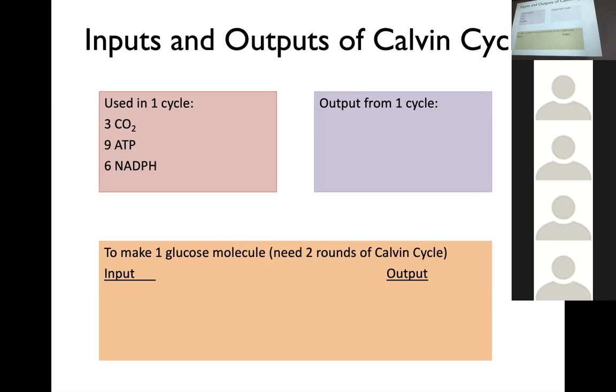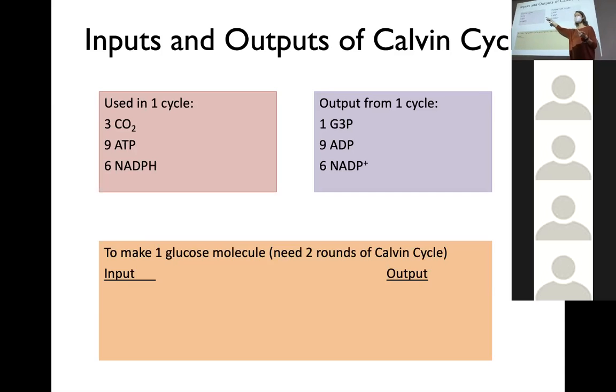And then what do we get from one cycle? The G3P that we make from one cycle is going to go on to make the glucose. And then these other two are just basically the opposites or the complementary pieces to the ATP and NADPH, right?